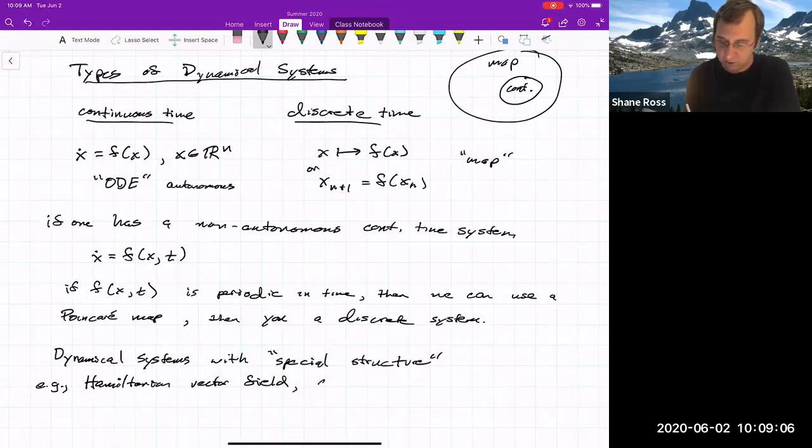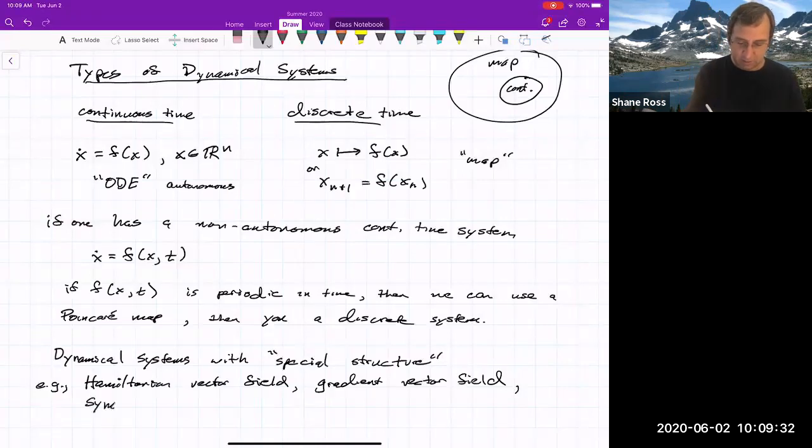There are also things called gradient vector fields, and maybe I'll mention those at some point. That just means x dot equals f of x, where f of x is the gradient of a scalar field.